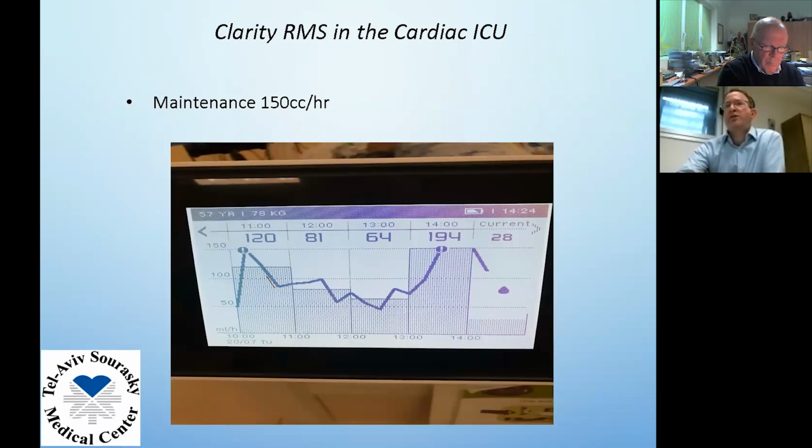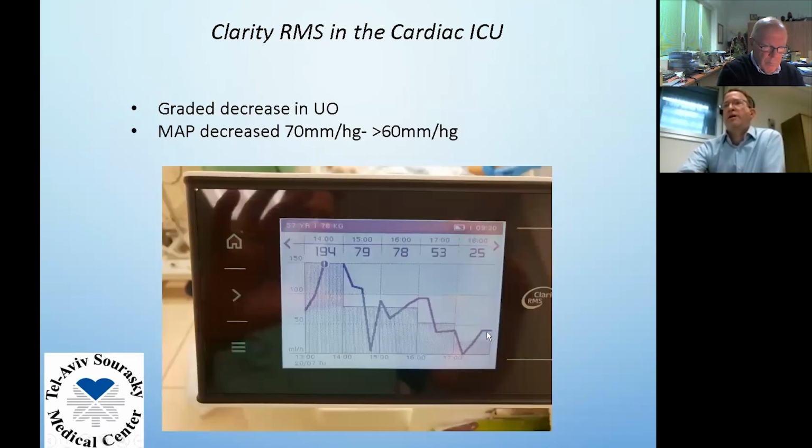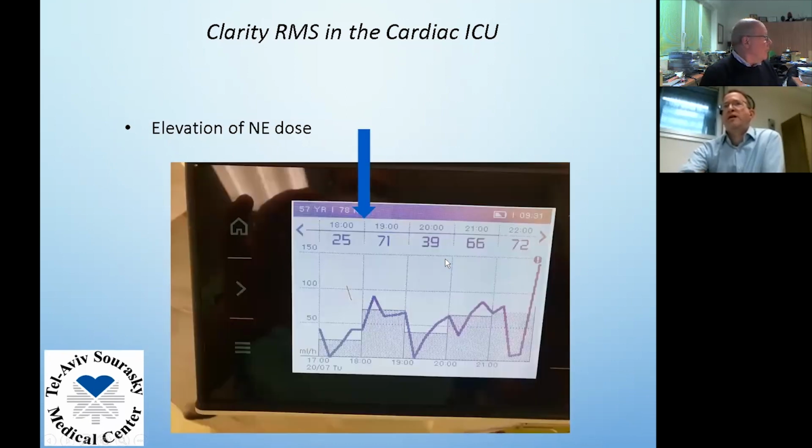In the same patient, few hours later, we again seen a greater decrease in the urine output, and this was associated with a decrease in mean arterial pressure from 70 to 60. Again, we intervened. We elevated the level of norepinephrine, again with nice elevation in the urine output.